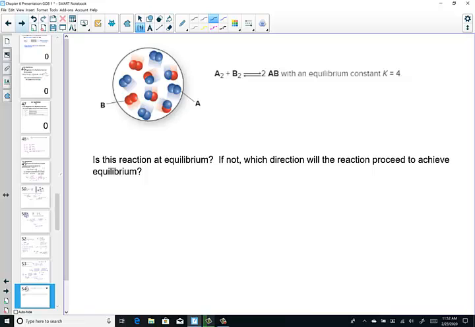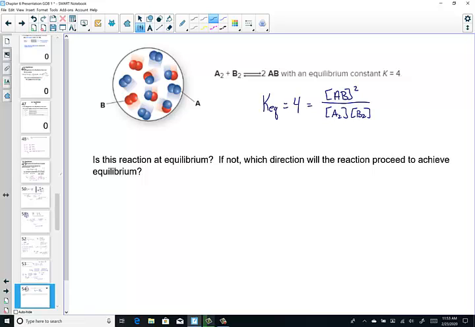What about this question? How did you do? Well, this is saying A2 plus B2 makes 2AB, and the equilibrium constant is given to us as 4. So that expression would take AB squared over A and B, those diatomic elements. Is this reaction at equilibrium? And if not, which direction would it need to proceed to achieve equilibrium?